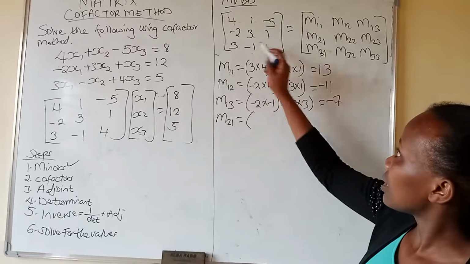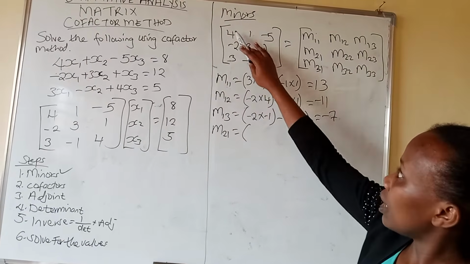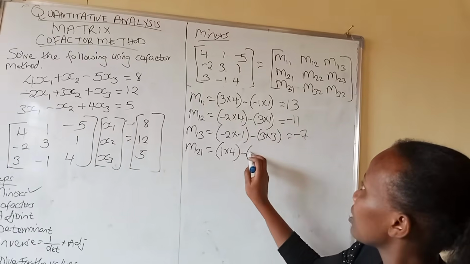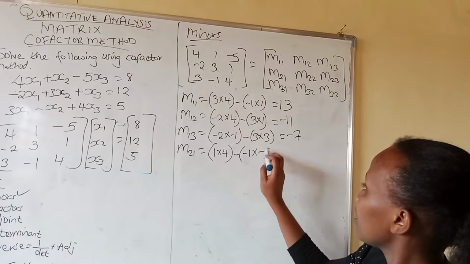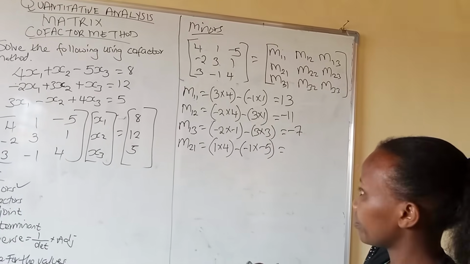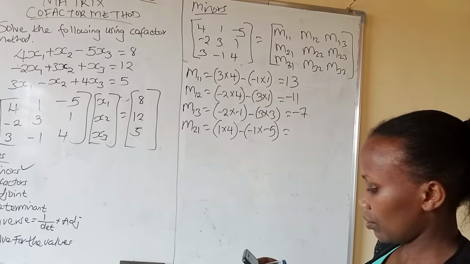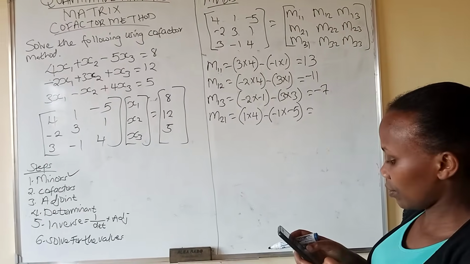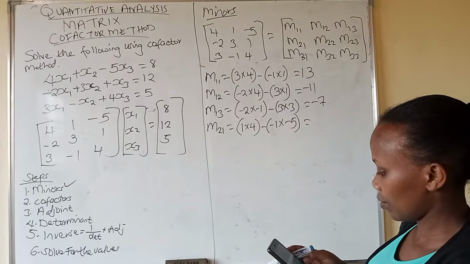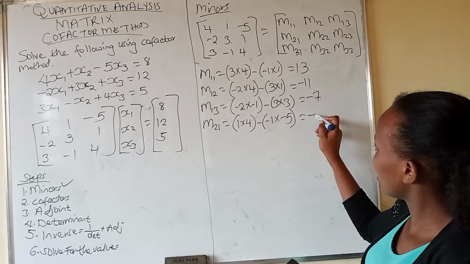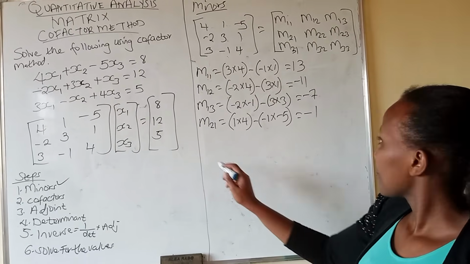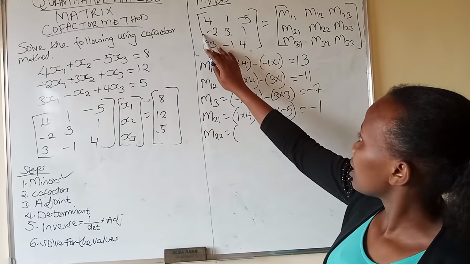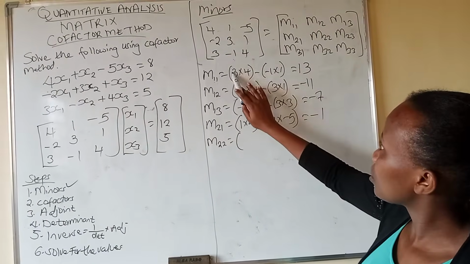Then M21, the ones that are not in row 2, column 1, which are 1 times 4, you less negative 1 times negative 5, which is negative 1. Then M22, the ones that are not in row 2 and column 2.